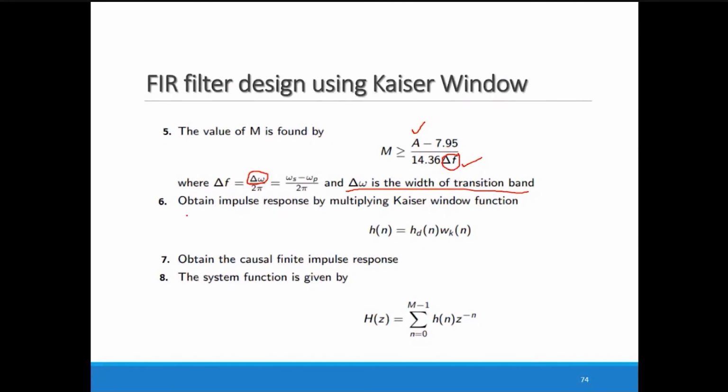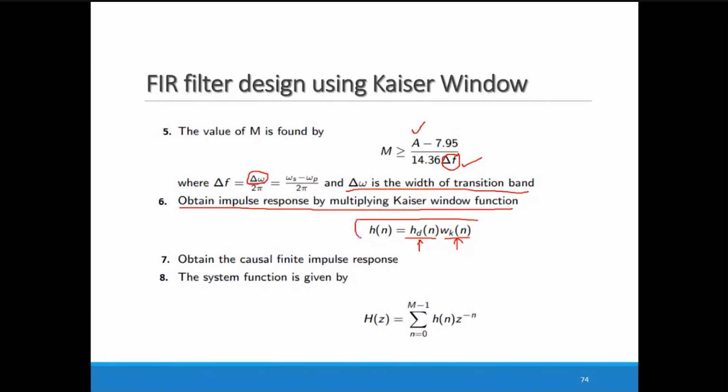Now after this you obtain the impulse response by multiplying the Kaiser window function with hd(n). In the hd(n) calculation, whatever terms you require, you now have M, alpha, A and so on. Apply these terms, calculate the windowing function, and then apply this windowing function with hd(n). So calculate hd(n) as per the equation, then apply this Kaiser window function.